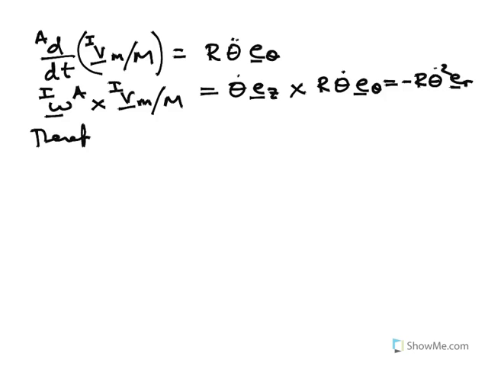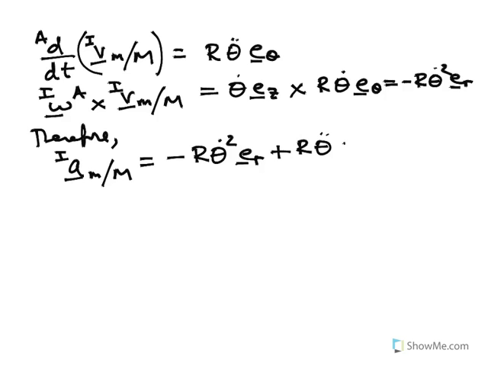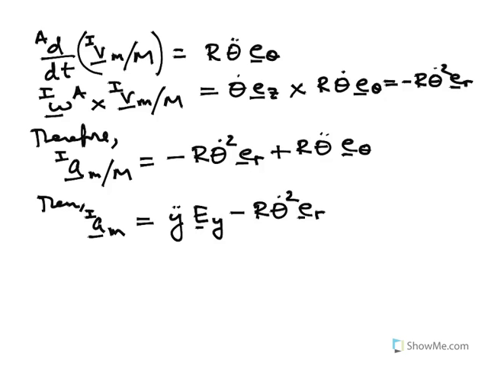So therefore, the acceleration of little m relative to big M in the inertial frame is equal to minus r theta dot squared er plus r theta double dot e theta, and therefore the acceleration of little m in I is equal to y double dot ey minus r theta dot squared er plus r theta double dot e theta.